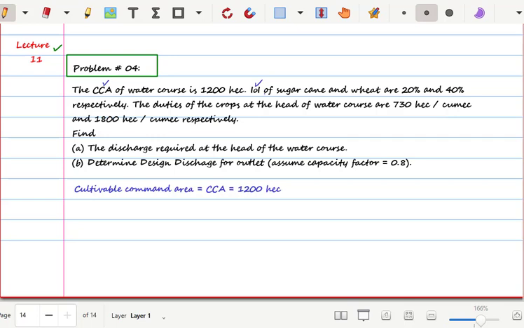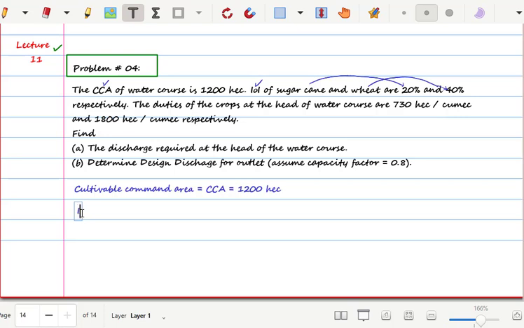Then IOI of sugarcane and wheat, both are given. IOI of sugarcane 20% and IOI of wheat is 40% respectively. Okay, what is given to us? The next thing given to us is IOI.